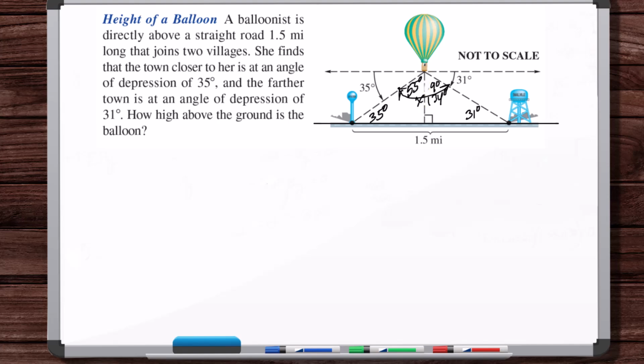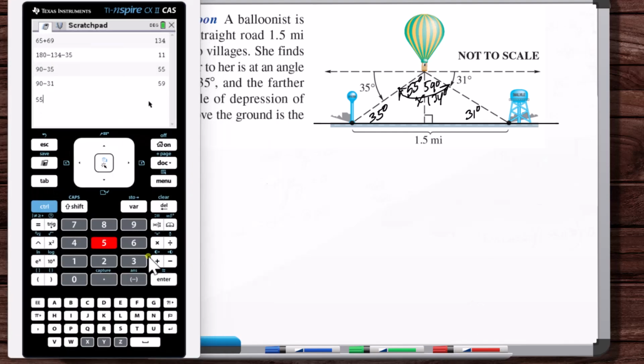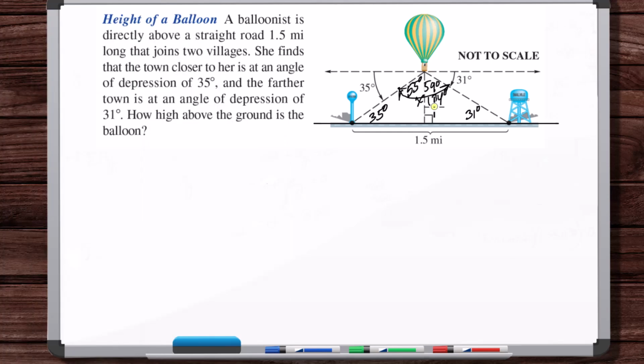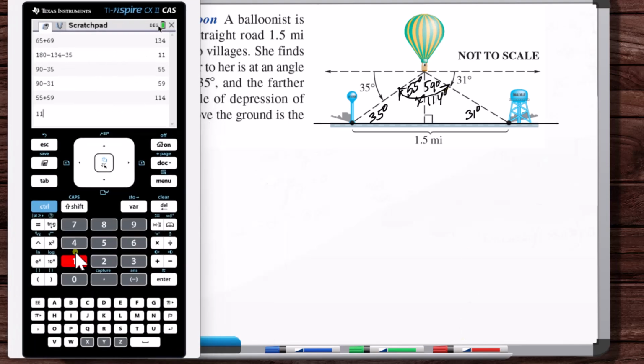Okay, so this should be 20 degrees less. This should be 114, I believe. Yeah. So 114 plus 35 plus 31 should be 180. There we go. Okay.